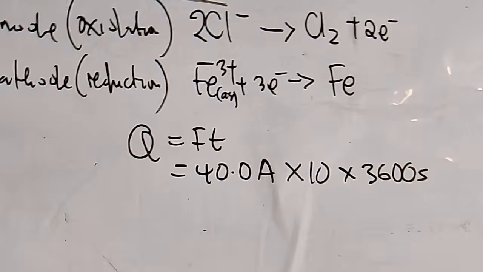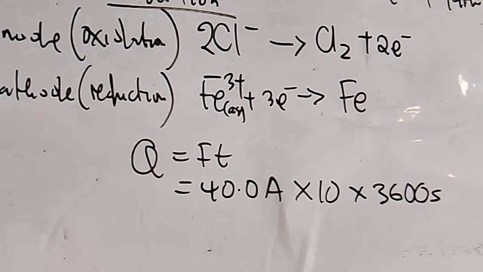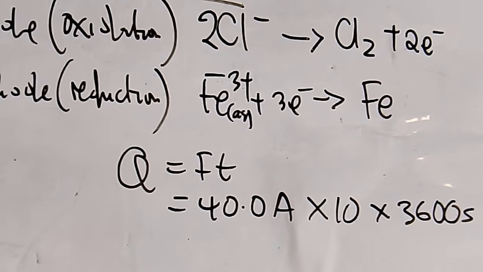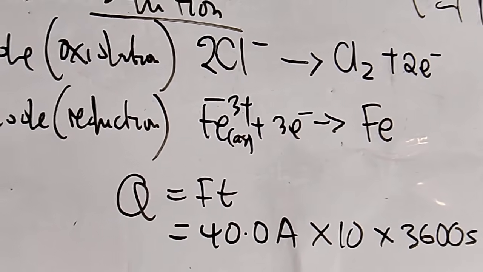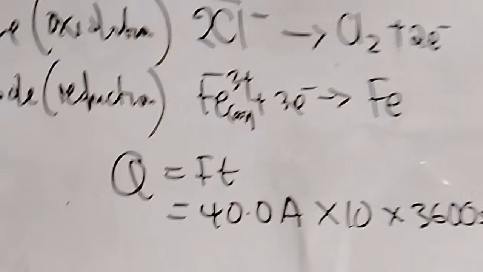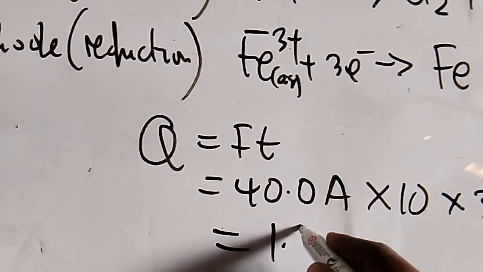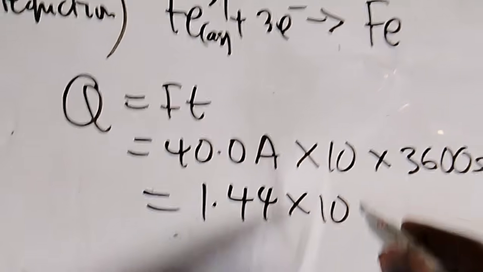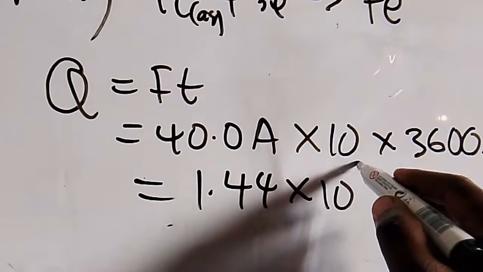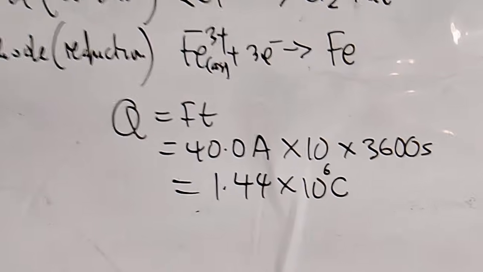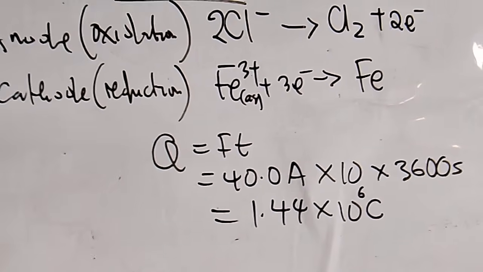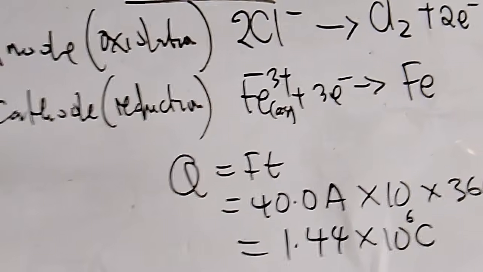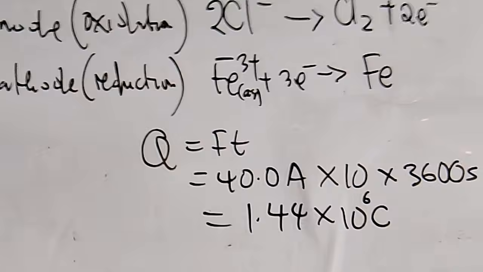The time should be in seconds, so you convert 10 hours into seconds. You know the conversion factor. Once you do that, you get 1.44 times 10 to the power 6 coulombs. So we have now calculated the charge.